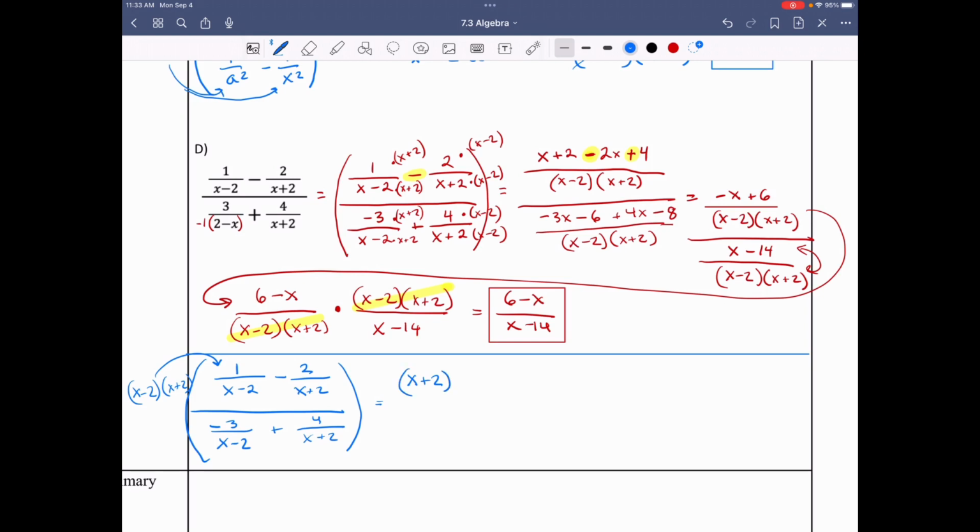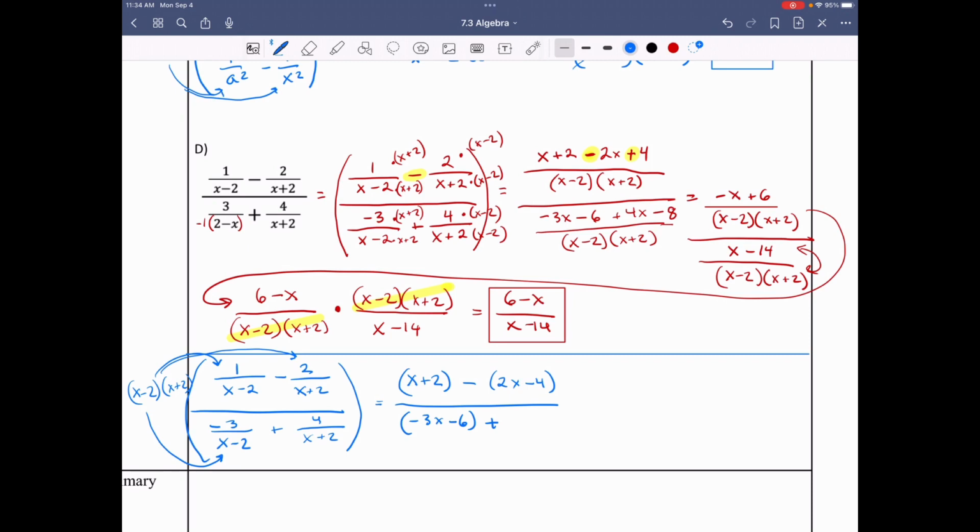I'll just put it in parentheses, minus, if I multiply this one, the x plus 2 cancels, so we're going to have 2x. 2 times negative 2 is negative 4, all over. Multiply this one. The denominators cancel, the x minus 2, x minus 2. Then it's going to be negative 3 times x, which is negative 3x, and negative 3 times 2 is negative 6.